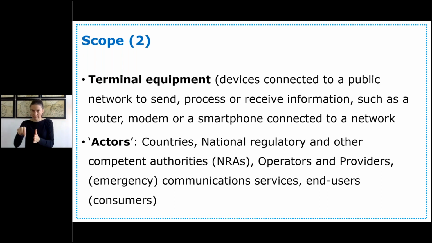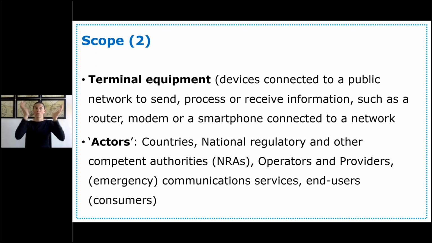So the actors are countries, or as in the EU language, we often say member states, national regulatory and other competent bodies. In short, national regulatory authorities are often called NRAs. And also the operators of networks and providers of communication services. Communication services also include emergency communications, and we will talk about this a bit later.